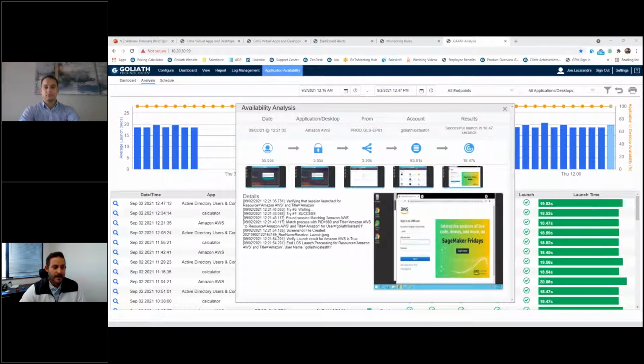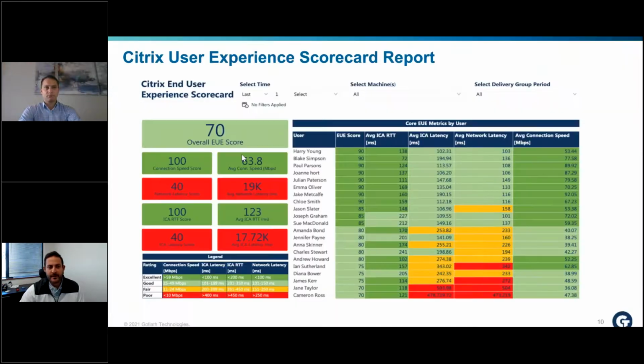No. I was just saying, and much of the data that we showed you today is able to be reported on and trended historically. So this particular customer, we talked about the issues they were having prior to moving to Citrix Cloud and during that migration and quickly afterwards. What they were able to do with our technology is document the user experience and show that user experience as a whole is actually pretty good.